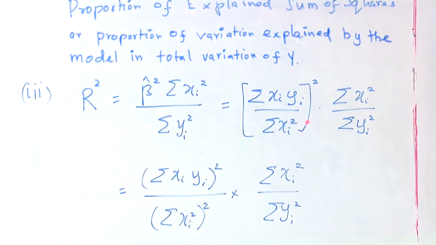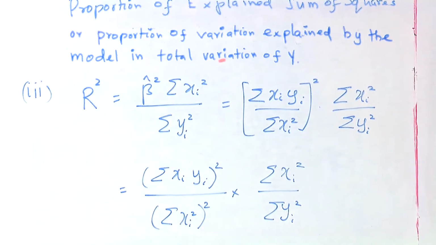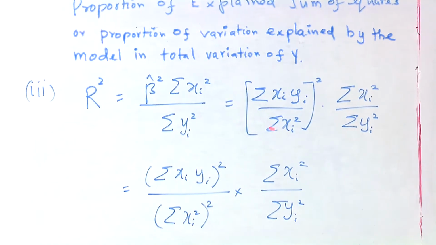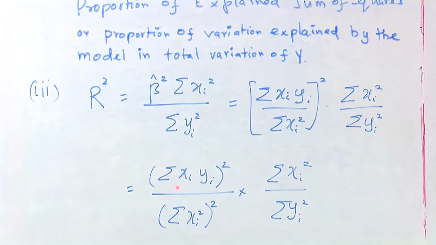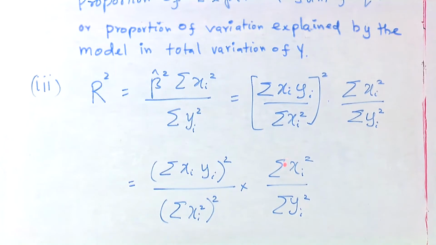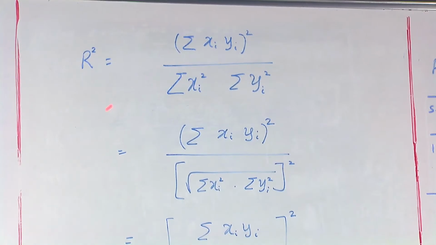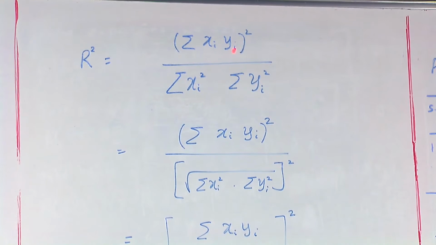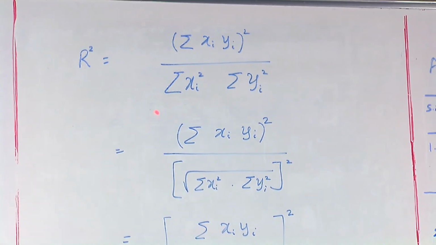So we are squaring it, and this is the other term remaining, sigma xi square divided by sigma yi square. Now sigma xi yi the whole square divided by sigma xi square whole square into sigma xi square divided by sigma yi square, we'll cancel it out. So R square is equal to sigma xi yi the whole square divided by sigma xi square sigma yi square.